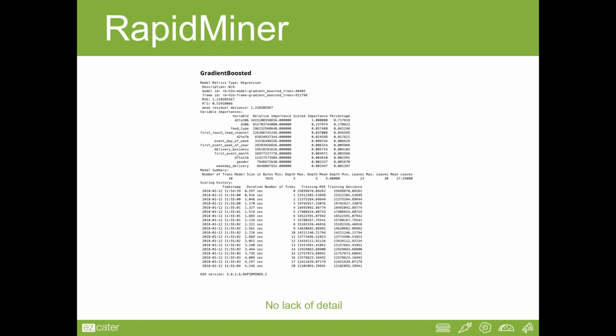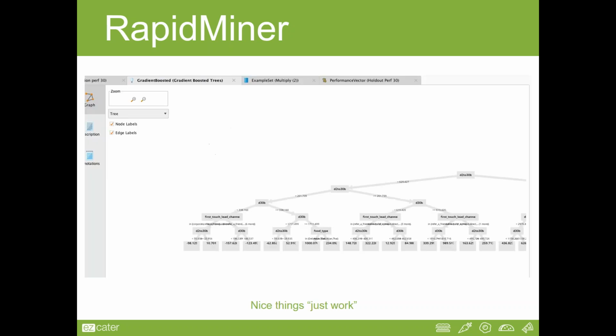There were no knobs, no dials, no details about what happened, and it was very easy. But also, I had no idea what happened and no idea whether it could be improved or where it had gone wrong. And RapidMiner didn't hide the underlying details. And additionally, nice things like visual graphs of the gradient boosted trees we ended up with just work out of the box.